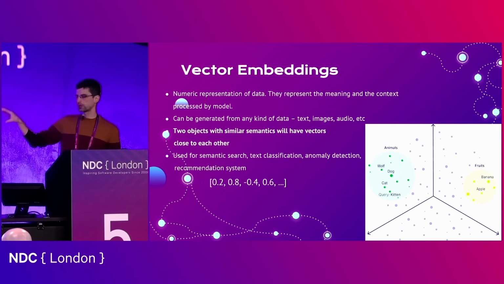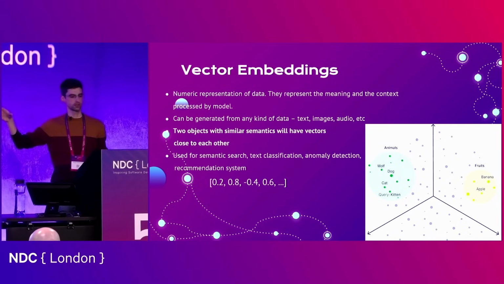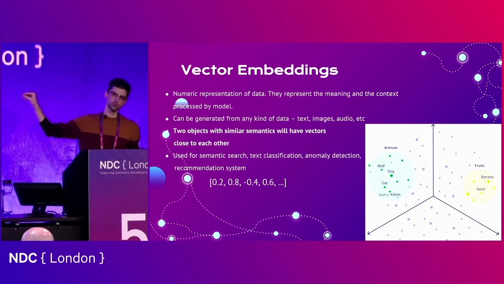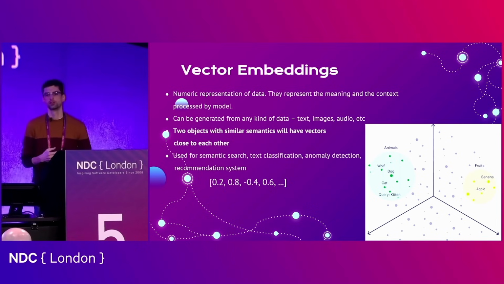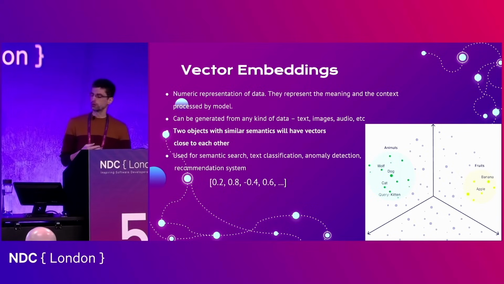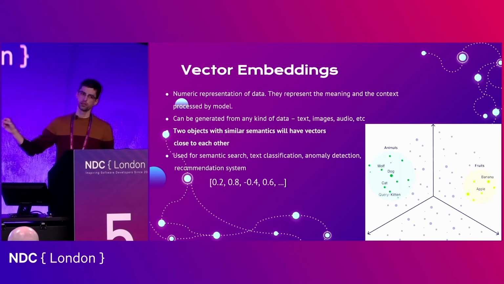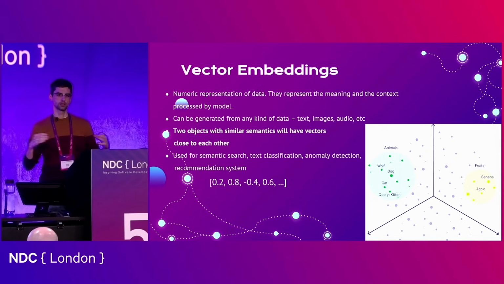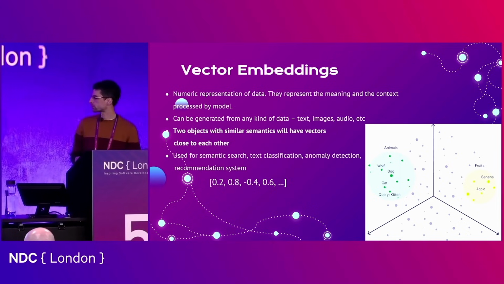Animals will be far apart from fruits because they are not related to each other, but different animals will also be next to each other because all the animals are similar in meaning. So vector embeddings are just numerical arrays that represent the data from which they were generated.